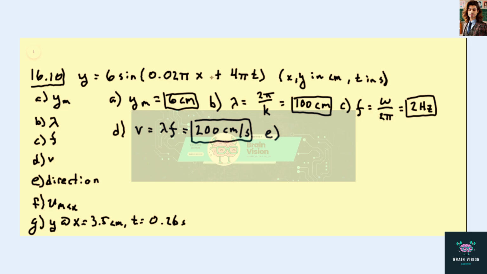You can think of this as, in order for these to compensate for each other so that you're at the same displacement as the wave propagates along the string, so you're following a point on the wave, moving in the positive x direction, they have to have opposite signs. And so in the negative x direction, they'll have the same sign. So this goes in the negative x direction.